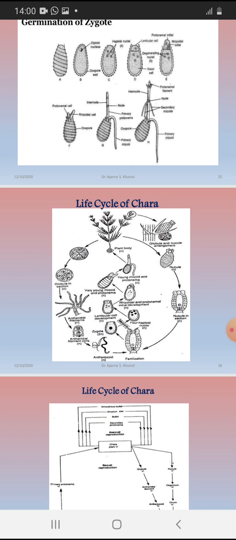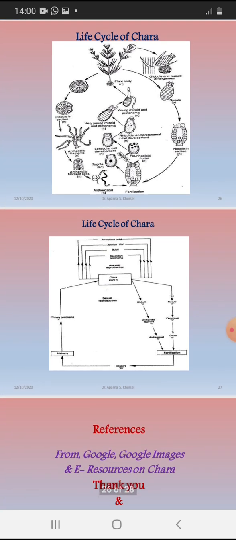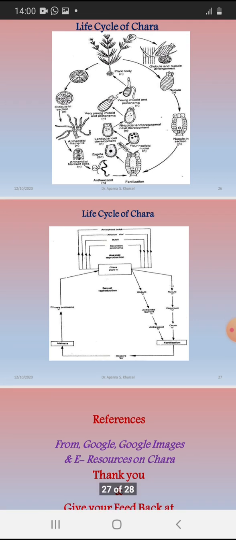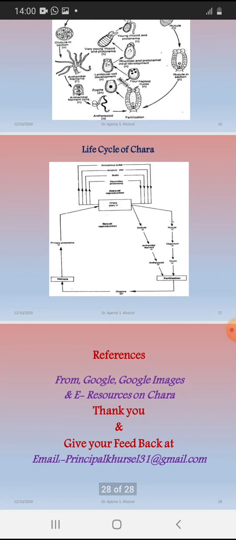The one nucleus germinates into new plant of Chara. Now, this is the diagrammatic representation of life cycle where the Chara reproduces vegetatively and sexually. So, all the images and photographs are taken from Google and e-resources which are available on Chara.